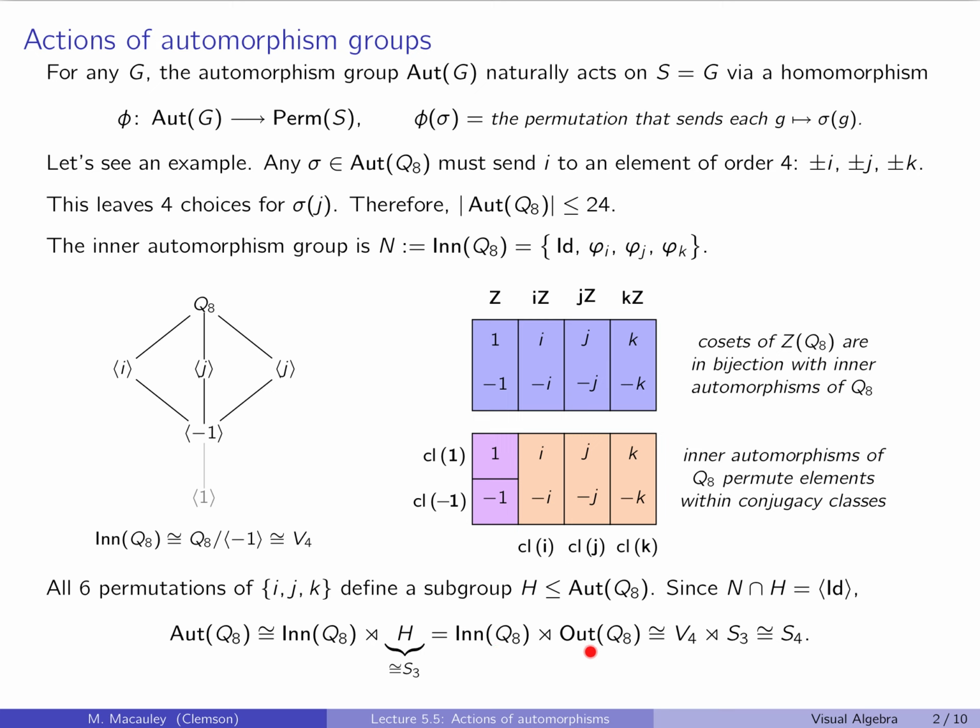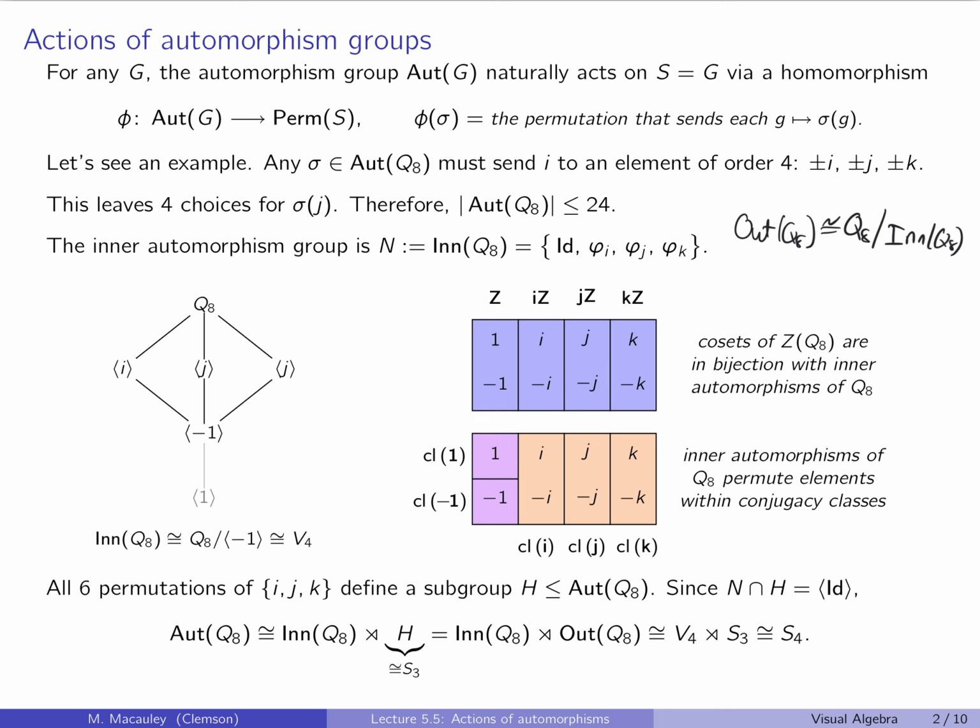Remember, the outer automorphism group is not the outer automorphisms, because there are 20 outer automorphisms. Let me just write this down. Remember that the outer automorphism group of Q8 is the quotient by the inner automorphism group. So this is saying how many automorphisms are there up to conjugacy.